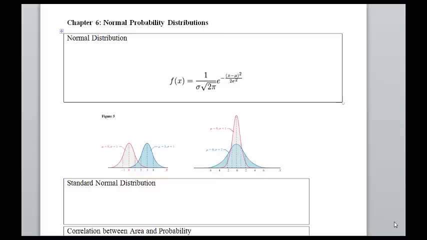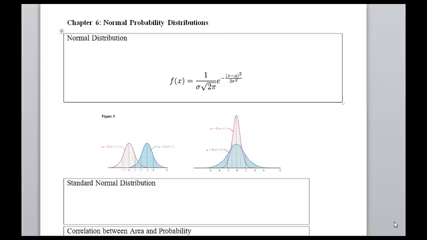One of the key things that I want you to note as a difference between the normal distribution and the binomial distribution is that the normal distribution is for a continuous random variable, and the binomial was for what? Fixed, or we called it what? Discrete. Remember, discrete versus continuous?